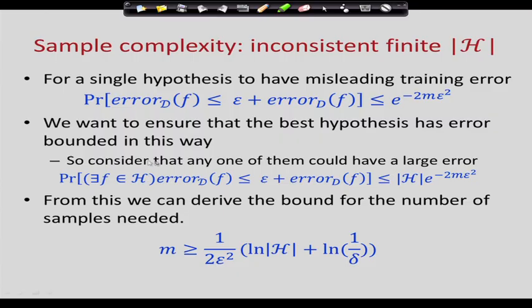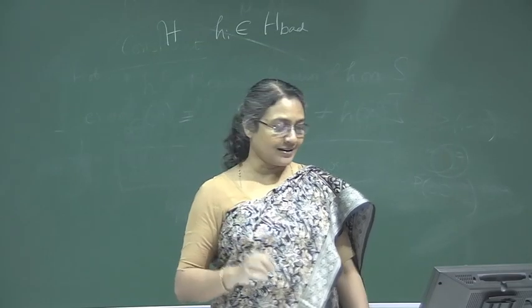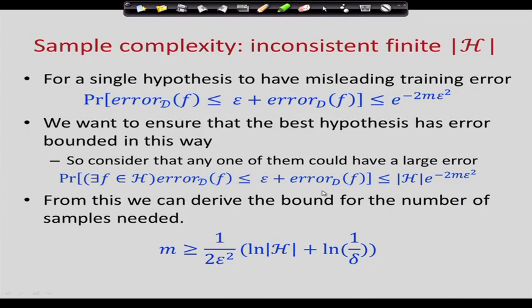So, suppose the hypothesis that the learner comes up with has a sample error, and we want to find out the probability that there exists any hypothesis whose true error exceeds its sample error by epsilon. This is less than or equal to h times e to the power minus 2m epsilon square. This is for a single hypothesis, this is where there exists any hypothesis at all.